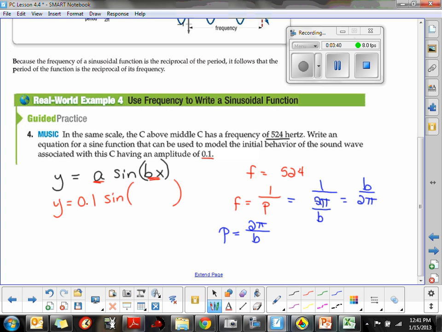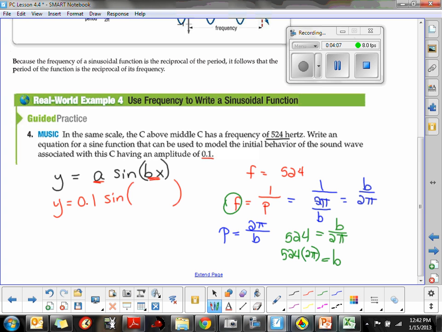So then we can go ahead and calculate our formula here by finding the value of B, because we know the frequency. The frequency is 524, and that's got to equal B over 2 pi. In order to calculate the value for B that goes in there and controls this frequency and period, we take 524 and we multiply it times 2 pi.